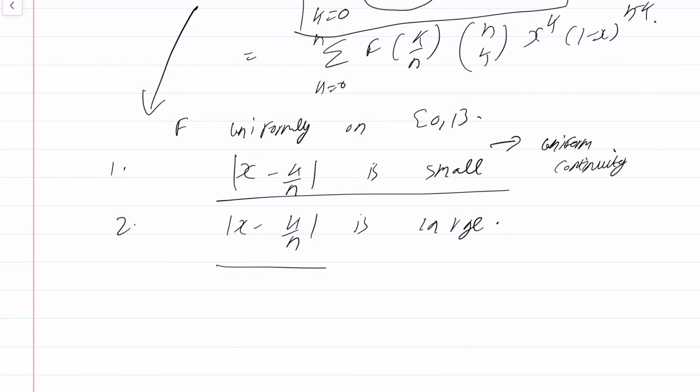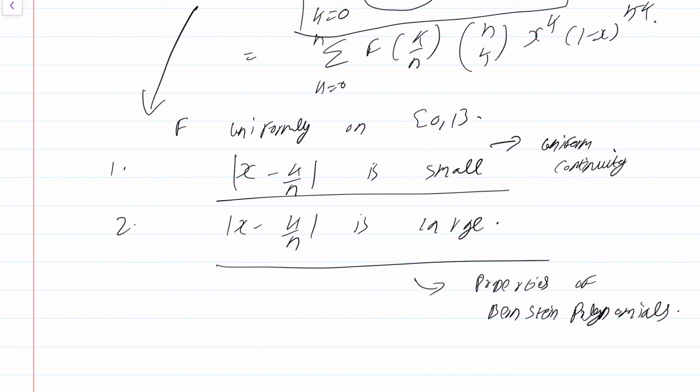For the second part, we need some properties of Bernstein polynomials. Some special properties of Bernstein polynomials are required to handle this case when x minus k by n is large. As you can expect, we have just done everything very vaguely and intuitively, so it might look like the proof is over, but actually we have to do some analysis to make my vague remarks precise.